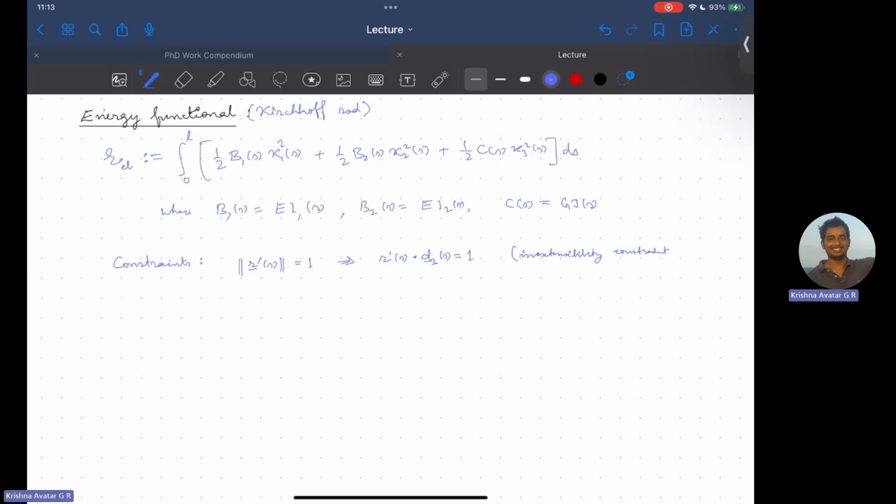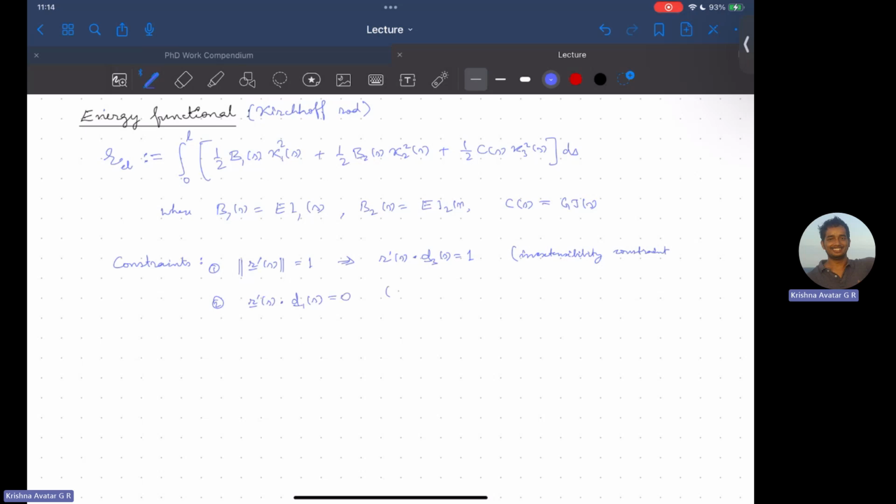And the second one is that we also want R prime of S not to have any component along D1 of S, so this is 0.